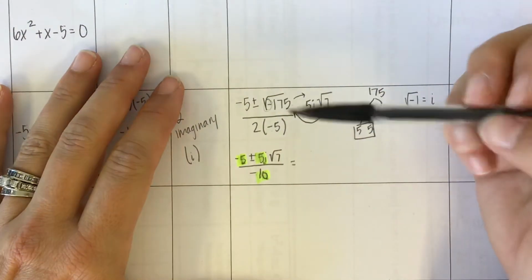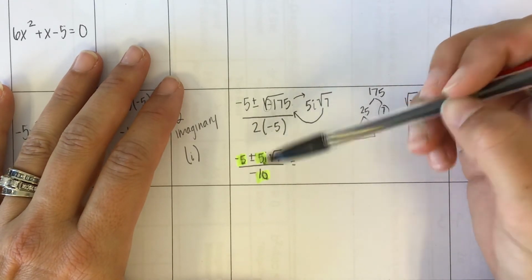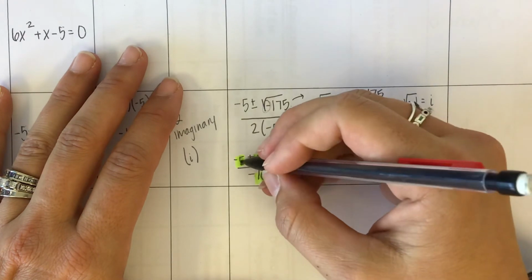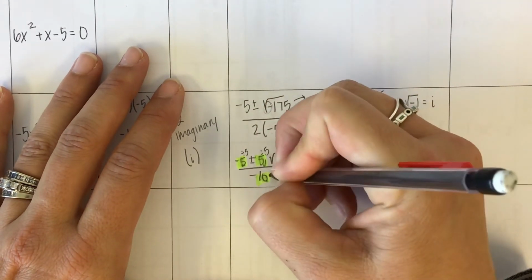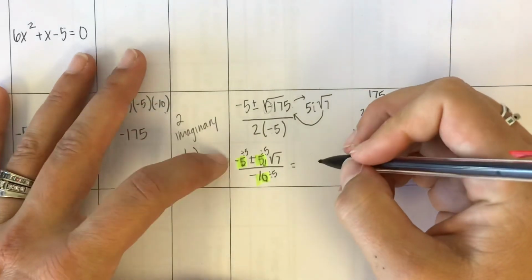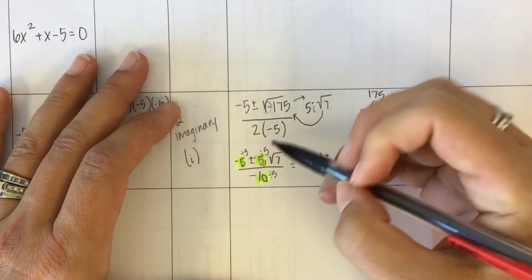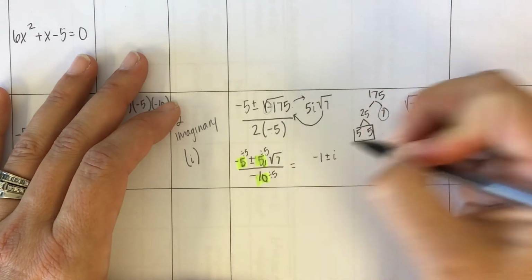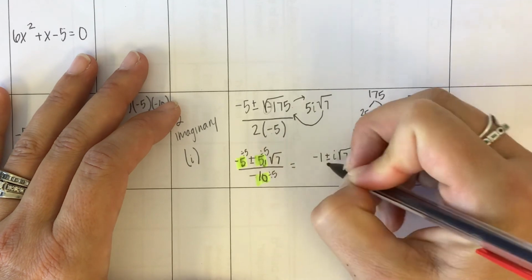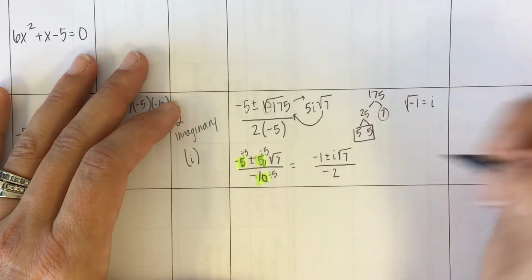So what can divide evenly into negative 5, 5, and negative 10? Hopefully you said 5. So if we divide each one of these by 5, so negative 5 divided by 5 gives me negative 1, plus minus 5 divided by 5 would give me 1i, or just i, radical 7, and then negative 10 divided by 5 would give me negative 2.